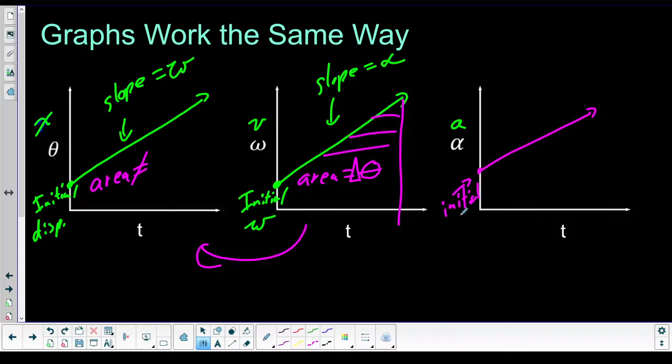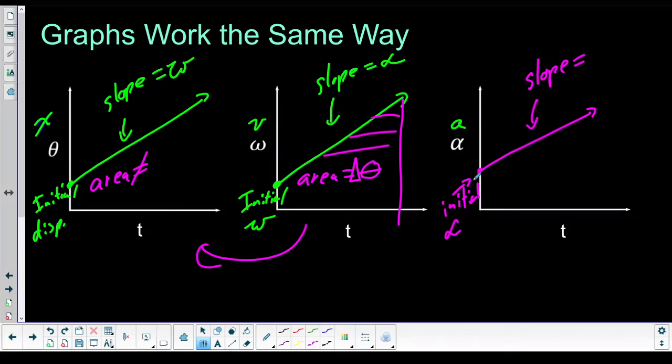Initial alpha. The slope, I actually don't know what the variable is for this, but it's angular jerk, right? That derivative, remember, goes jerk, snap, crackle, pop, right? But I don't know what the variable is.